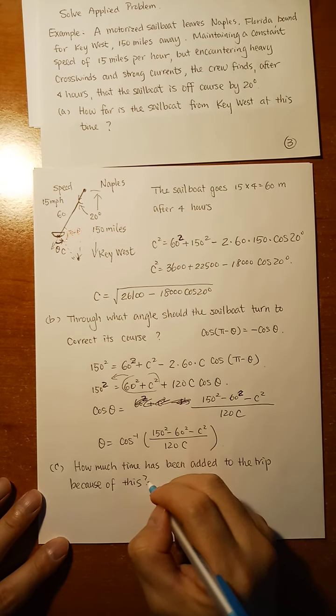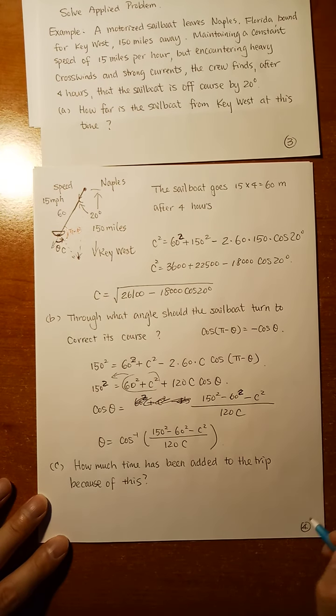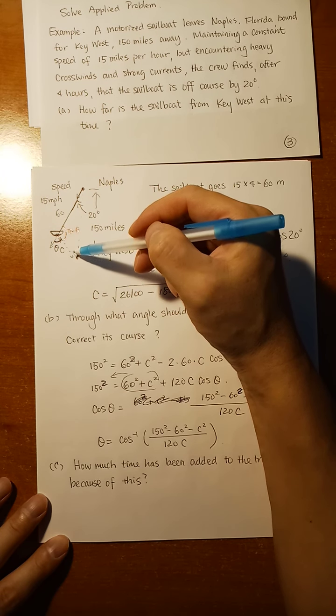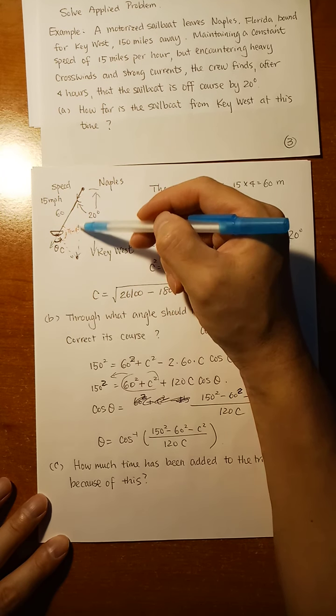Originally, if there's no strong current and crosswind, you go straight forward.